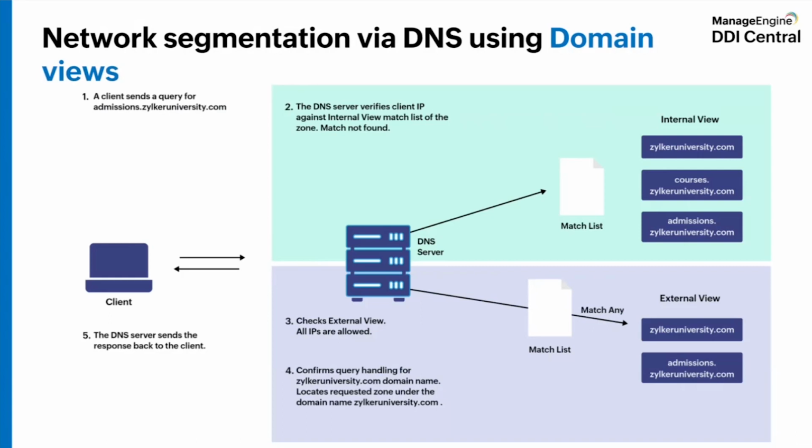The DNS server confirms that the query for zilkeruniversity.com should be handled under the external view. It locates the requested zone under the domain name zilkeruniversity.com and directs the client to the appropriate resource. Finally, the DNS server sends the appropriate response back to the client, and the client then proceeds to access the resource.